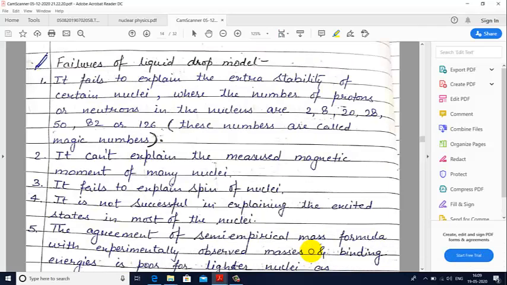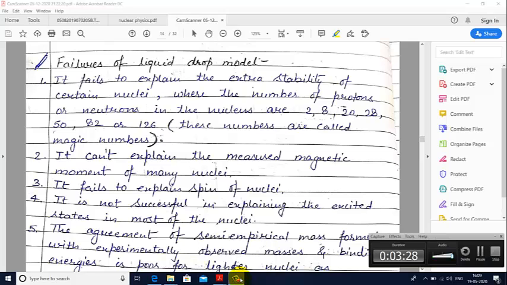There are some failures of this liquid drop model. You just need to remember these points. First, this liquid drop model fails to explain the extra stability of certain nuclei. There are certain nuclei which are extra stable, and the numbers of nucleons in these nuclei are 2, 8, 20, 28, 50, 82 and 126.